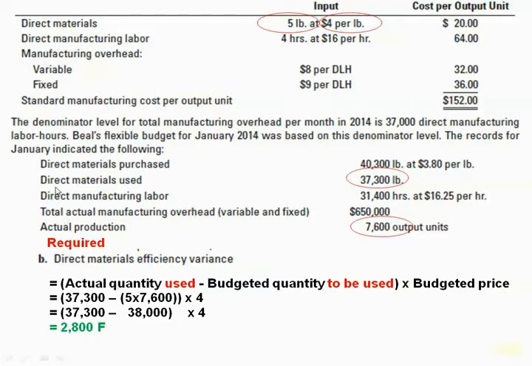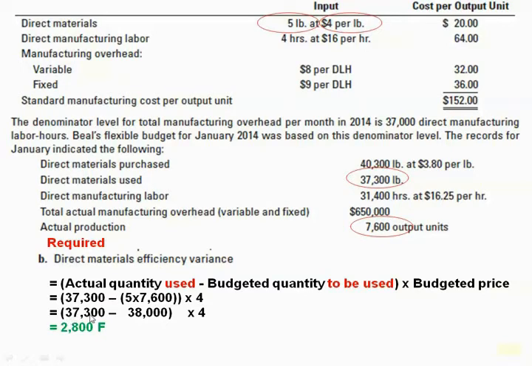Actual quantity used, the direct materials used, 37,300 pounds, minus budgeted quantity to be used, calculated as 5 pounds per unit multiplied by 7,600 output units, all multiplied by budgeted price of direct materials, $4 per pound.